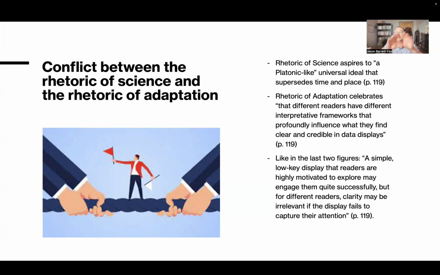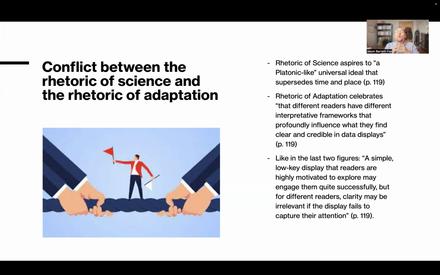It believes language can offer us a perfect picture of the world, right? But the rhetoric of adaptation does something very different. It says different readers actually have different interpretive frameworks, and those different interpretive frameworks profoundly influence what they find to be clear and credible in data displays.